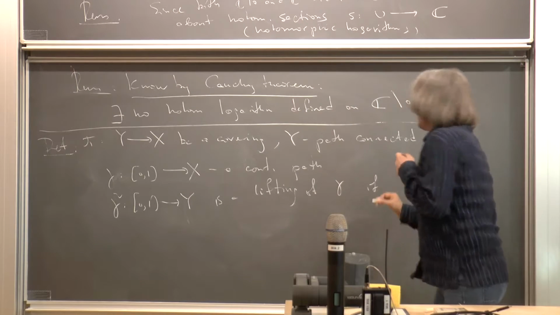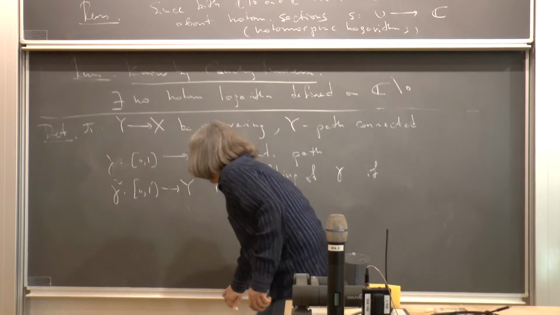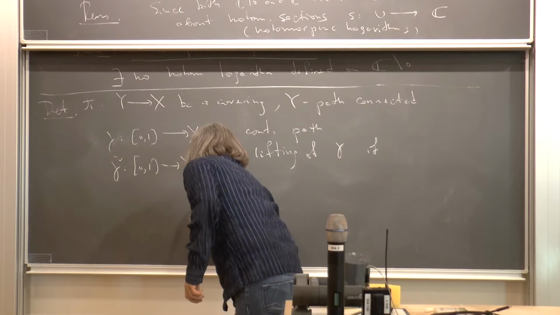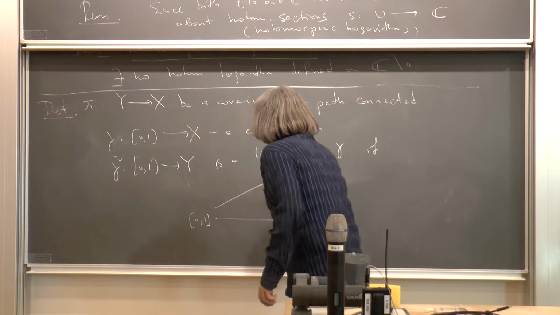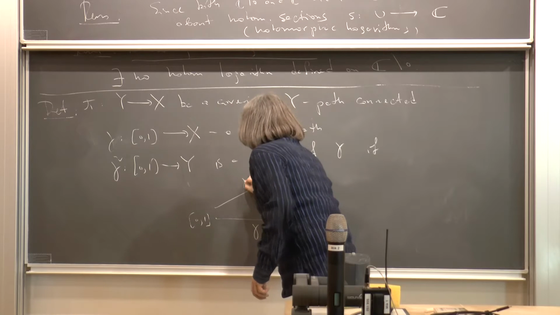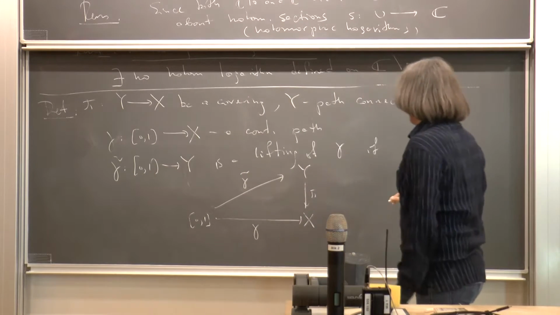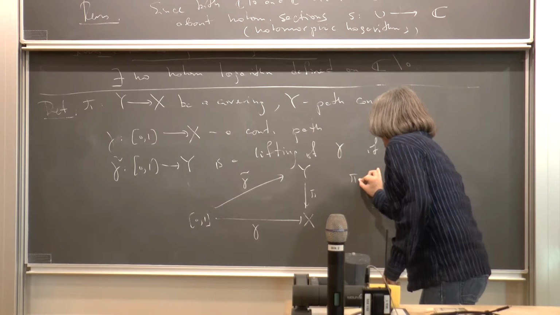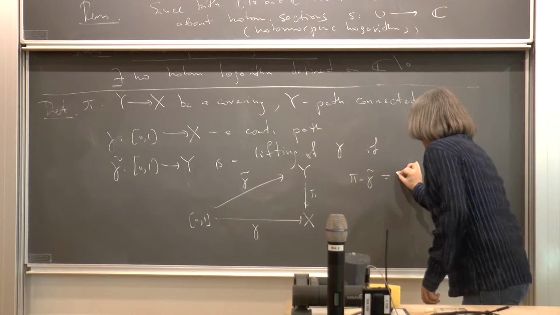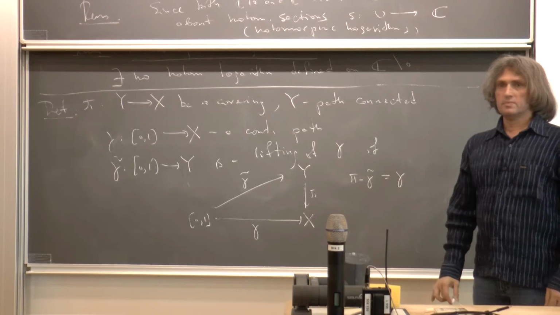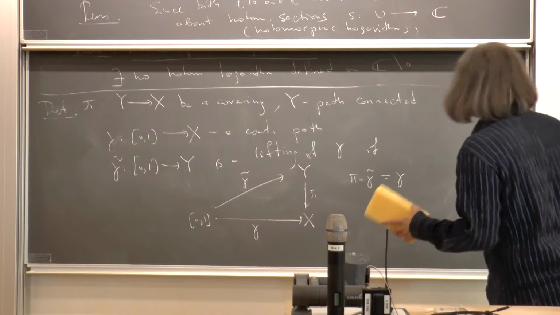We can go from [0, 1] first to y, so this is gamma tilde, and this is pi. So pi composed with gamma tilde equals gamma. This is the definition.